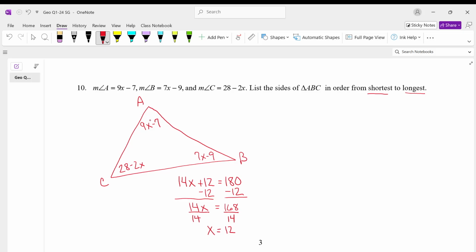So angle A is going to be equal to 9 times 12 minus 7, which is 101 degrees. Angle B is going to be 7 times 12 minus 9, which is 75 degrees.